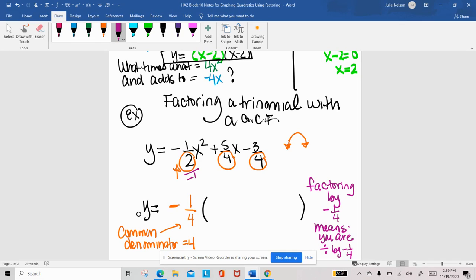So I want to divide each one of these 3 terms by negative 1/4. So negative 1/2 divided by negative 1/4 is the same as negative 1/2 times negative 4, which is negative 4 over 2, which is negative 2, right? Actually, it was negative divided by negative. It should have been a positive. So this is 2x squared. And if I kept doing the same thing here, I'd get negative 5. And if I did the same thing on the last one, I would get positive 3.